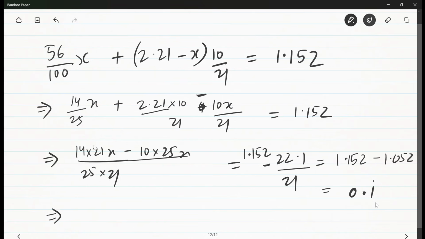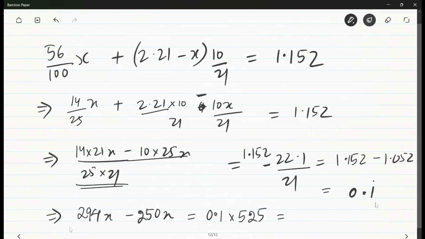Here you see the numerator, how much? 14 into 21 is 298? Is it? 294 minus 250. 14 into 21, please recheck. 0.1 into 25 into 21, that would be 525. 25 into 21 is 525.